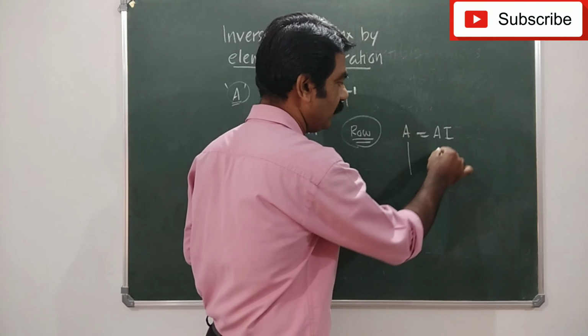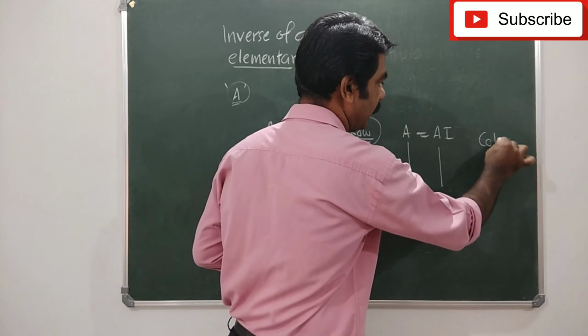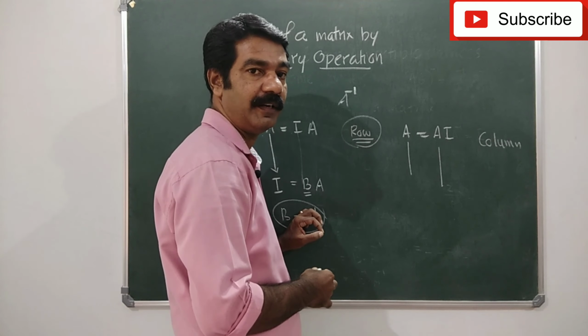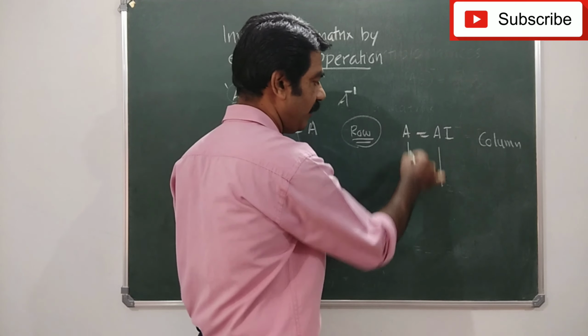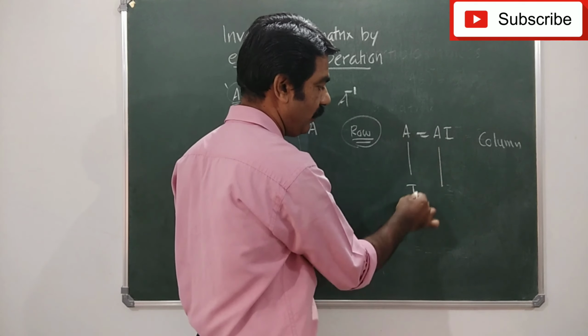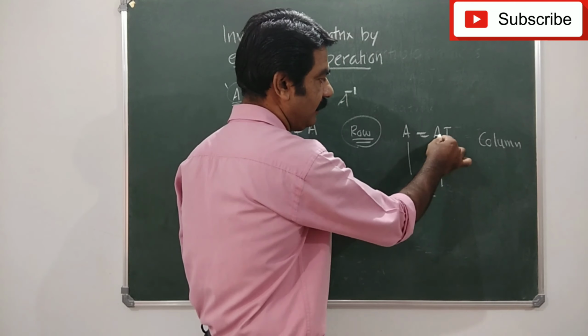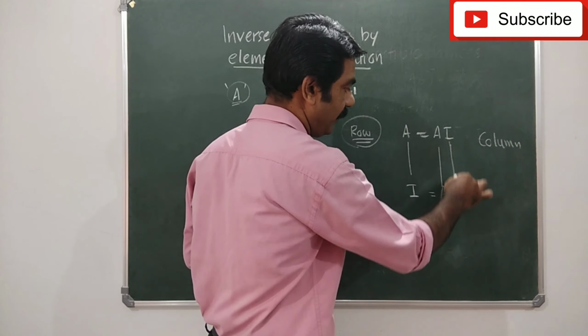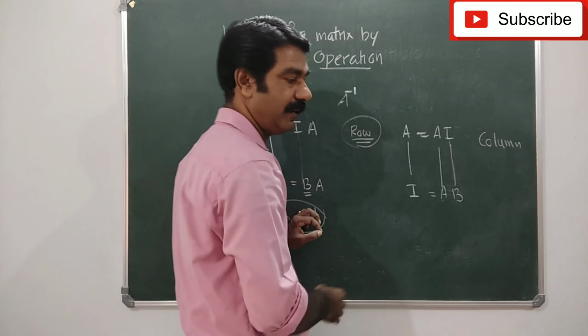Then apply a sequence of elementary column operations. A become I. You change A into I. This A will not change. A is A itself. This I become a new matrix B.